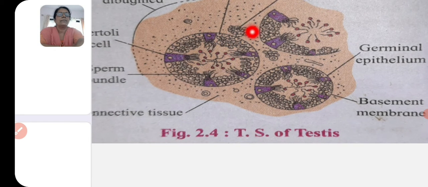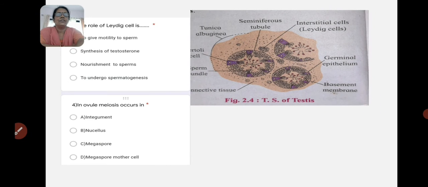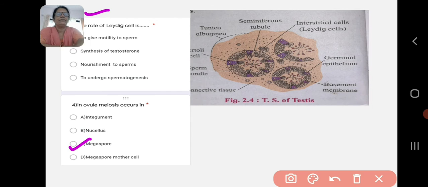Here the Leydig cells are present in between the seminal vesicles, and they are responsible for the synthesis of testosterone. So your answer should be testosterone.